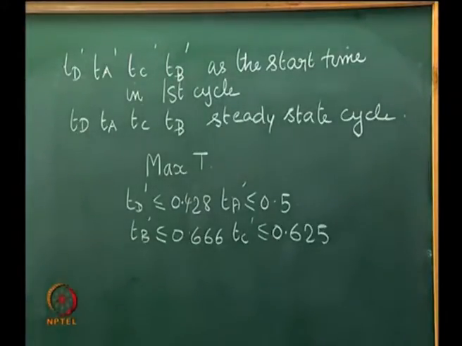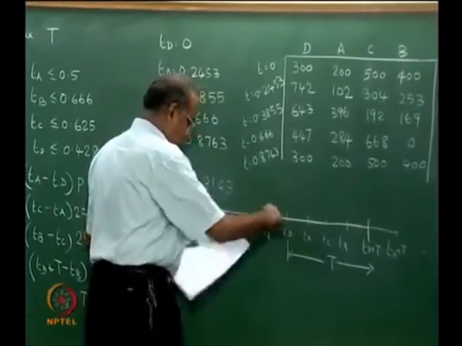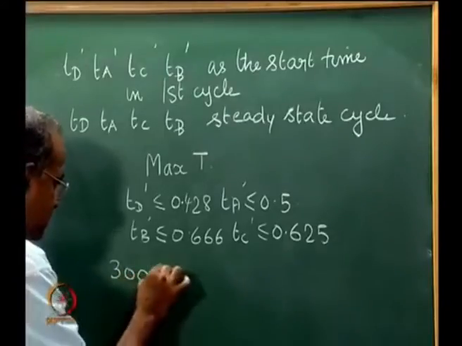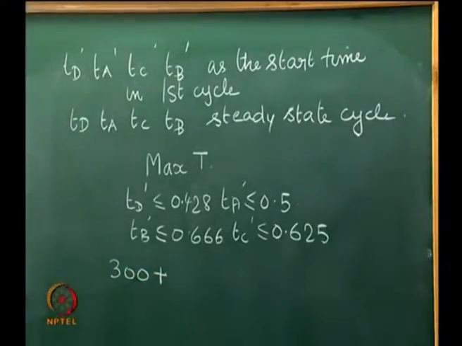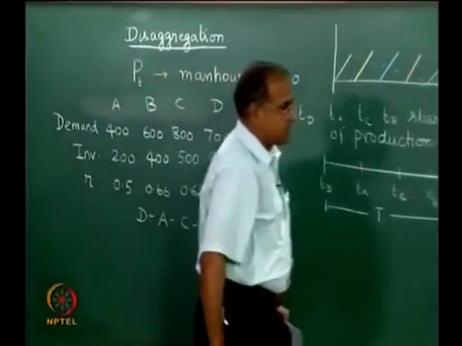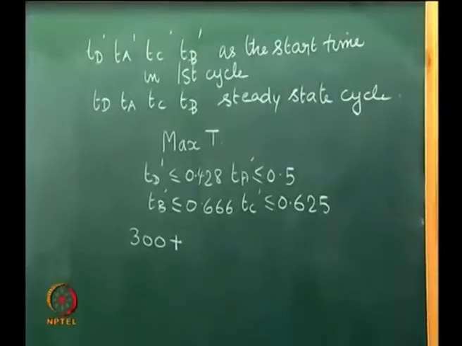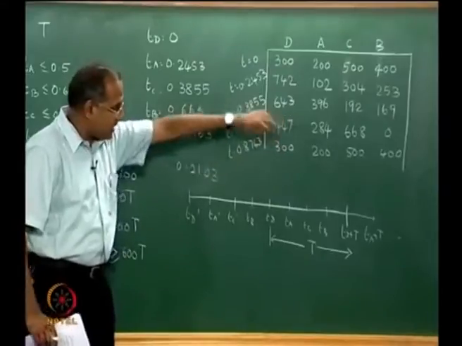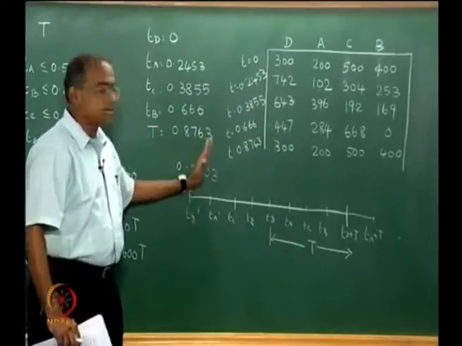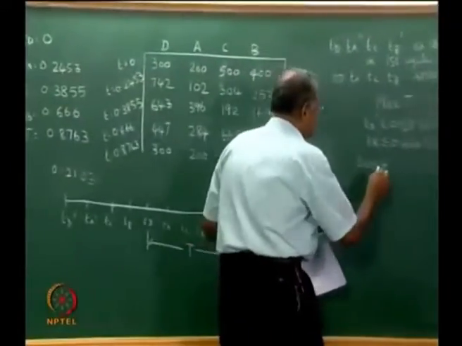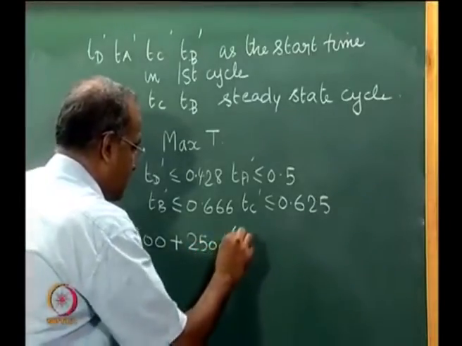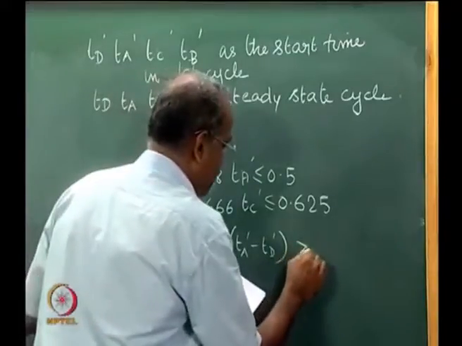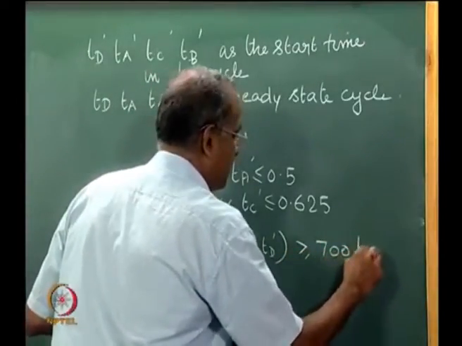Then we get into this. The first cycle should be such that we also have 300 plus. Now I am looking at item D, which is my first item. So I want to stretch my TD to such an extent that I am able to meet the demand up to this point using the 300 that I have plus what I produce here. So, 300 plus 2500 into TA dash minus TD dash is greater than or equal to 700 TD.